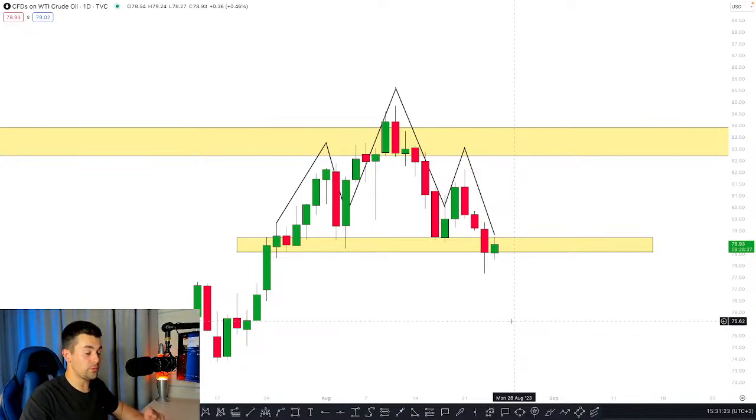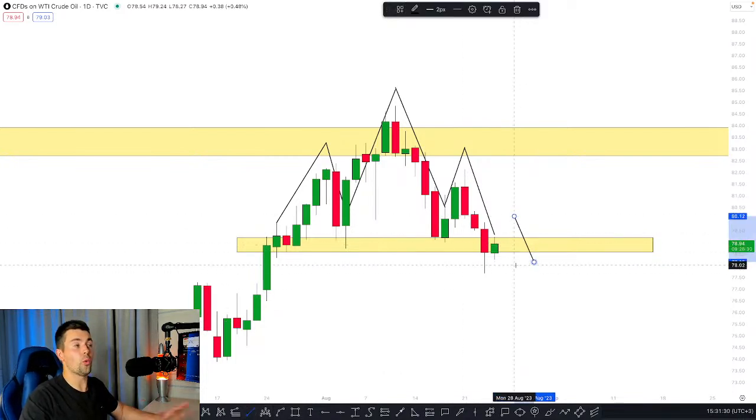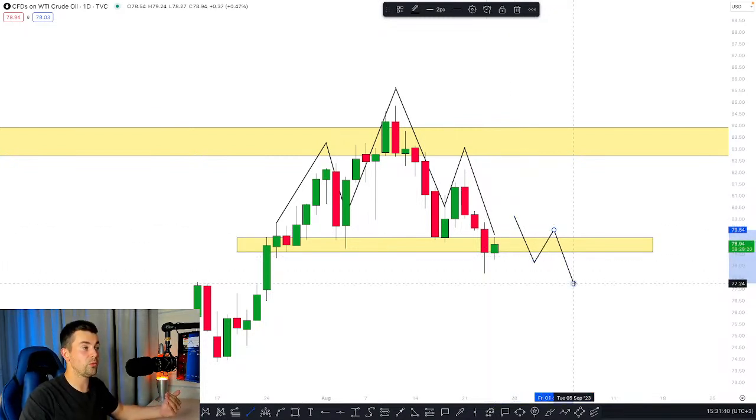Your bearish confirmation, your very bearish signal will be the breakout of the neckline of that head and shoulders pattern.